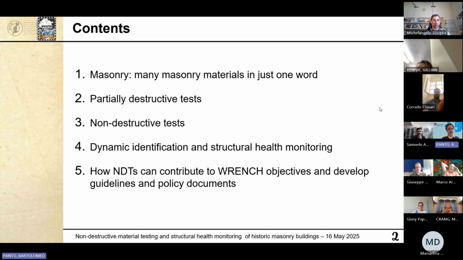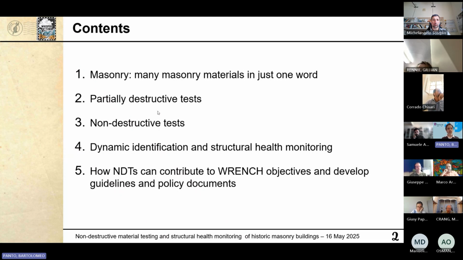So this is, let's say, the layout of the presentation. I want to start with a very brief introduction: what are the main features, the main characteristics of masonry structures or masonry material that we will try to capture with tests.